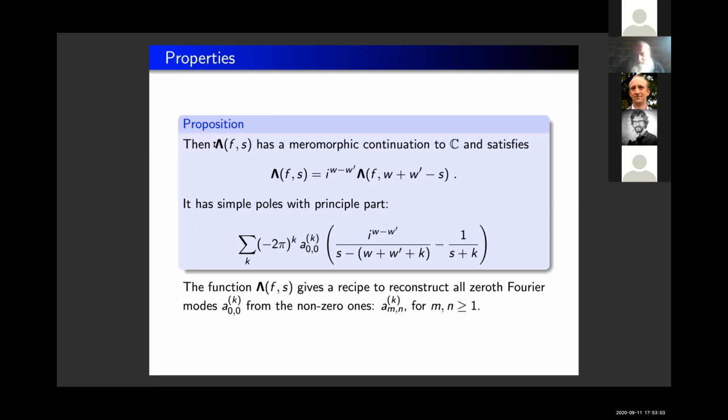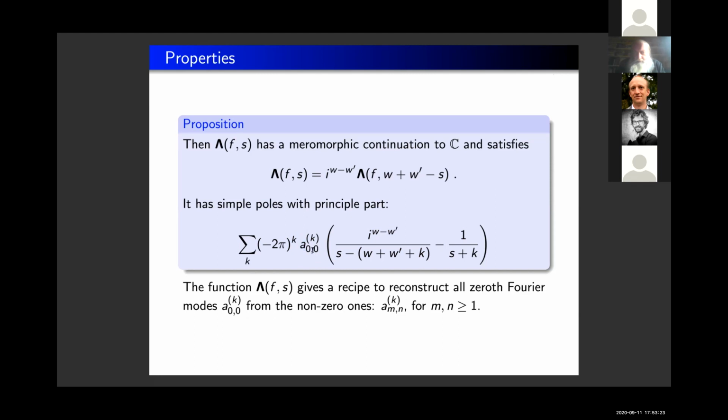So the statement is that this L function has a meromorphic continuation to the complex plane, and it satisfies the functional equation. All right, no big surprise there. It also has simple poles, and the principal part in fact gives back exactly all the zeroth Fourier modes.